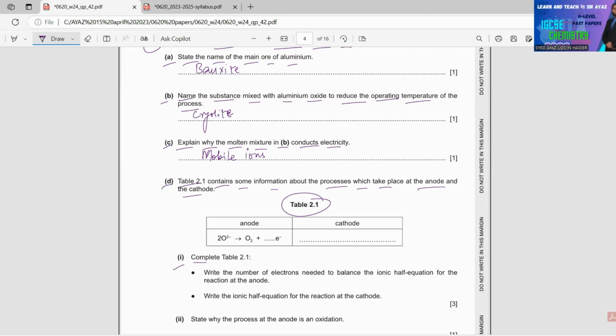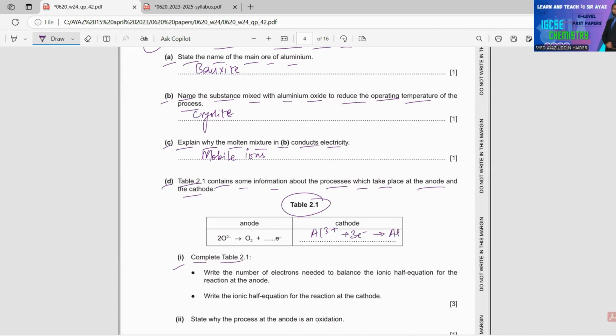Number 1, complete table 2.1. They are asking about the reaction which takes place at the cathode. You know, at the cathode, the aluminium 3 plus ion moves and gains 3 electrons. So I will write Al 3 plus plus 3 electrons gives Al.